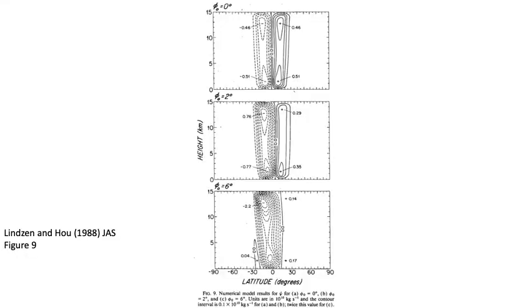Just to finalize, here's a figure from Lindzen and Hou in 1988 showing what happens when you move the peak temperature from the equator, which is at the top. In a numerical simulation, you get this nice symmetric Hadley cell, the same on both hemispheres. Then if you move it to 2 degrees north and then 6 degrees north, you'll notice that the summer hemisphere is on the right.